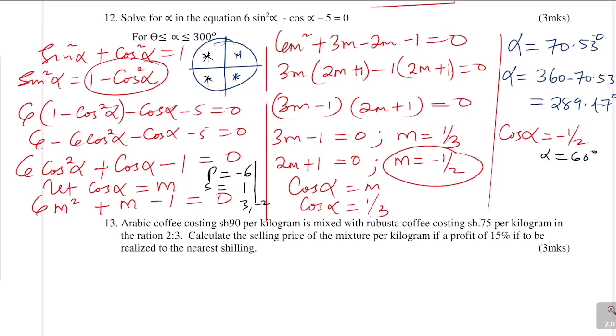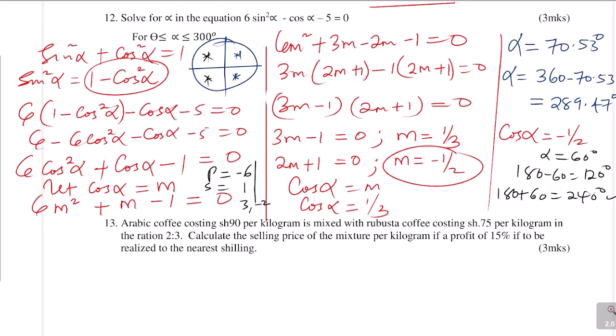Having that 60, for the angle in the second quadrant, we simply take 180 subtract 60, we get 120. Then in the third quadrant, where cosine again is negative, we take 180 plus 60, and that will give 240 degrees.